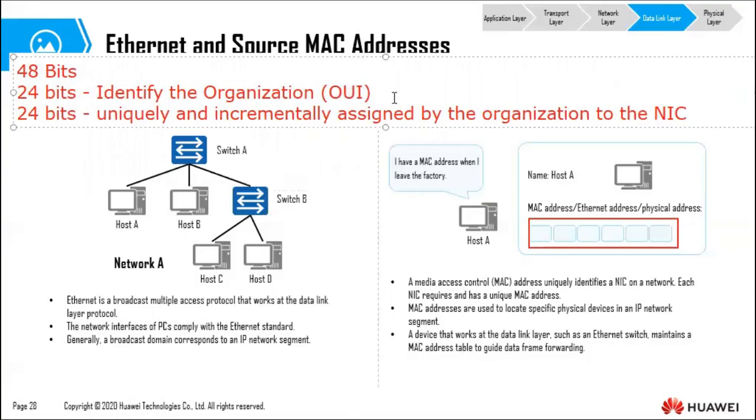Organizational Unique Identifier, OUI, is the first 24 bits of the MAC address. The other 24 bits are assigned 1, 2, 3, 4, 5, 6, 7, 8, 9, 10, until they finish all of them, 2 raised to power 24.